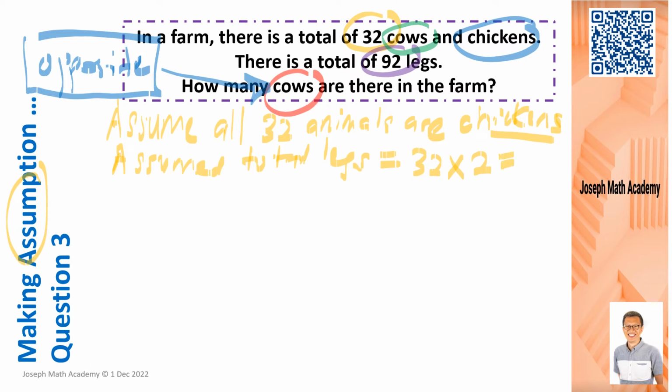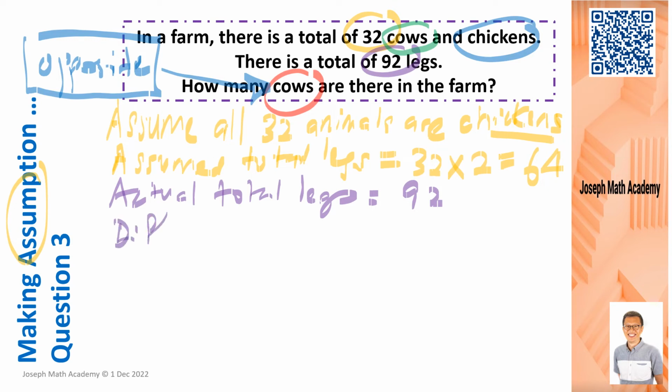That will give us 64. Now, our assumed total number of legs in the farm is 64. But the actual total number of legs is actually 92.